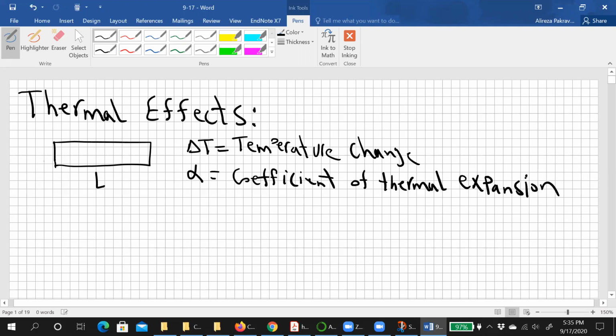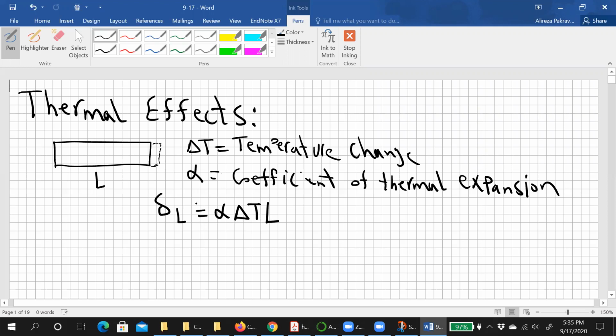You can find this coefficient for any material in the appendix. If we add a temperature change here, then it may elongate. So delta L, if you remember from physics, is alpha delta T L, right?